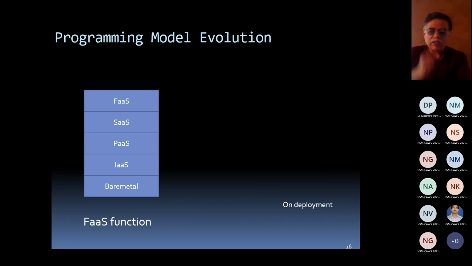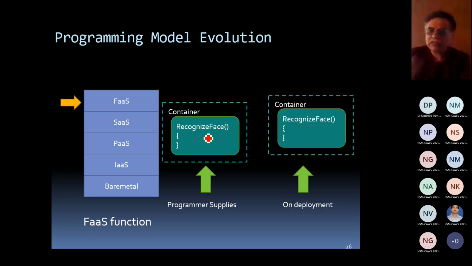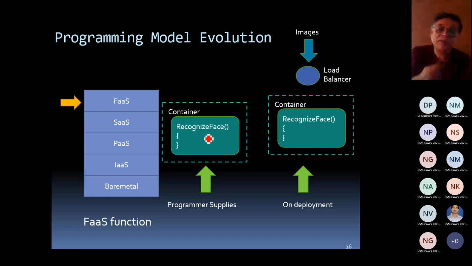Okay, so we'll move to the last part of it, which is FaaS. In FaaS, you write a function, basically a container, where you say, I want to recognize a face in an image, and it gets deployed as a container. You then pass it a stream of images. As and when an image comes in, you pass it through a load balancer to the container.